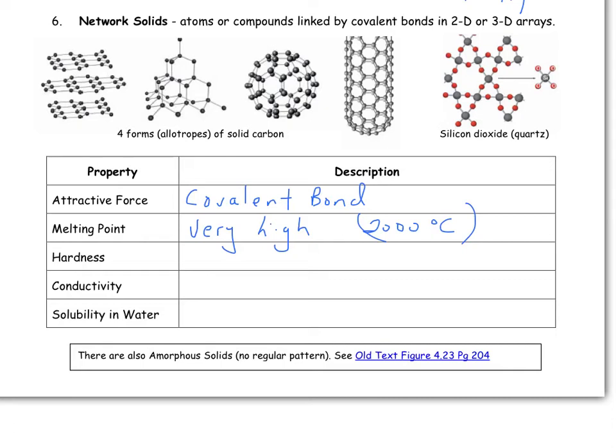In terms of hardness, the network solids are supported by their structure. So if you push on one atom or try and crack it, the pressure is spread out over the whole structure because of the way it's designed. So they are very hard. In terms of conductivity, I don't have any charges, so they're non-conductive.